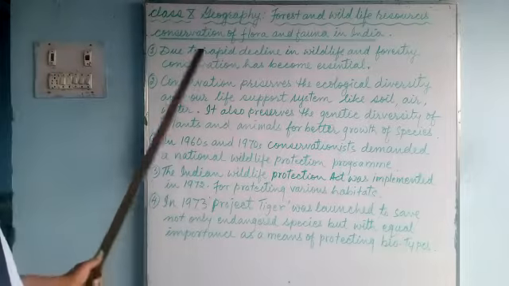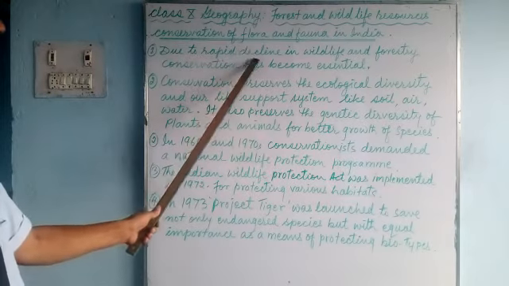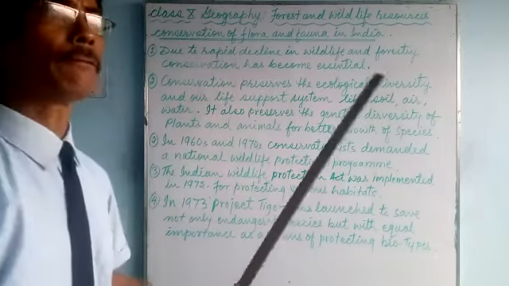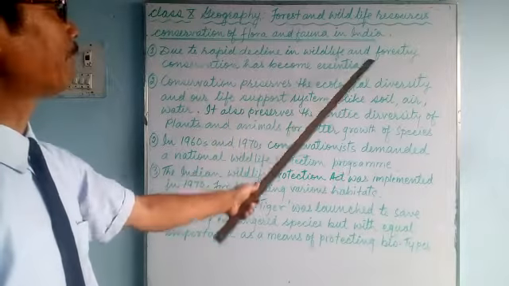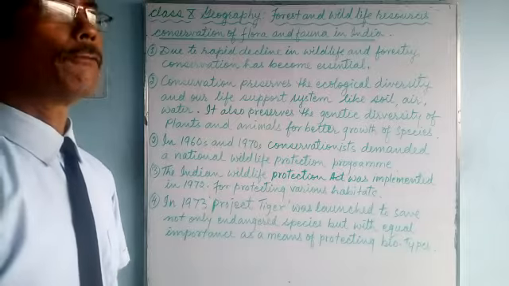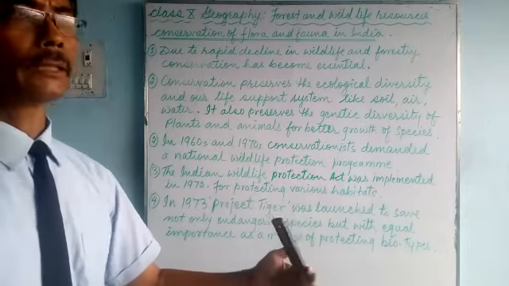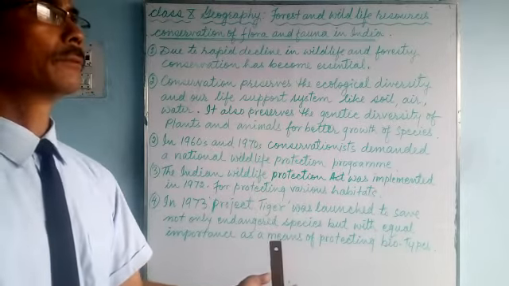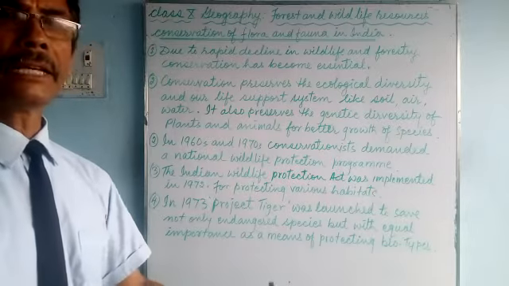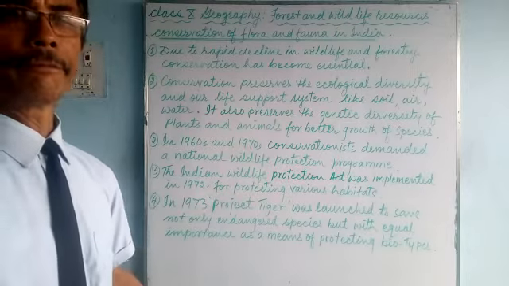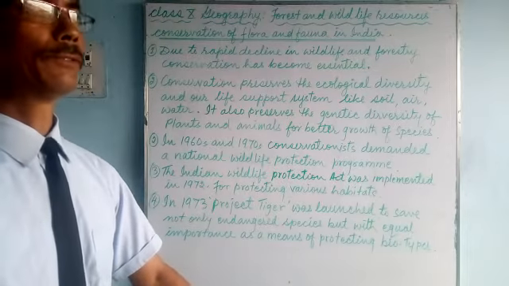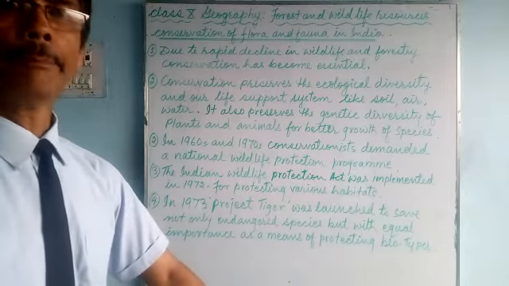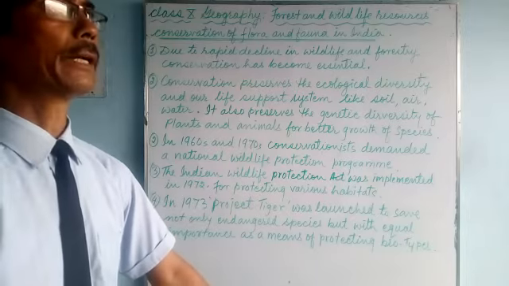So now here, number one, due to rapid decline, rapid means quick, fast, decline, reduction in wildlife and forestry, the forests are being disappeared. Wildlife is being killed. Most of the wildlife and forest have disappeared from India.